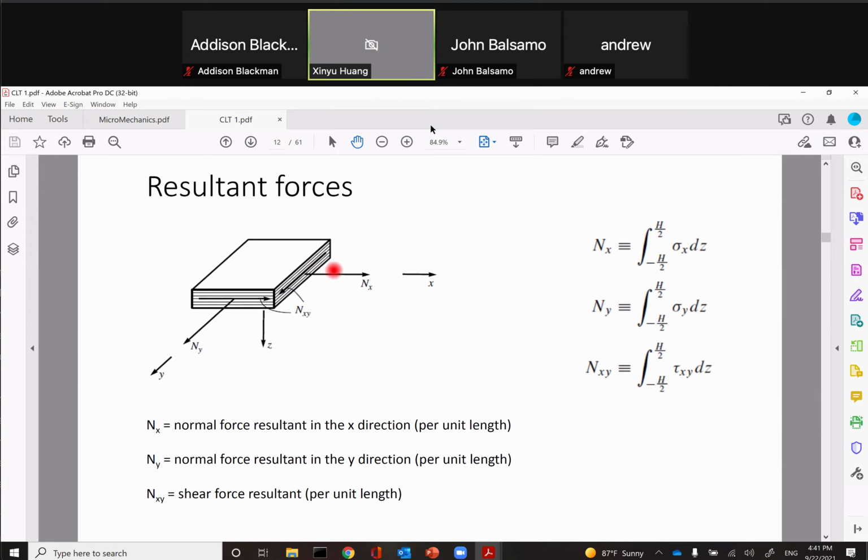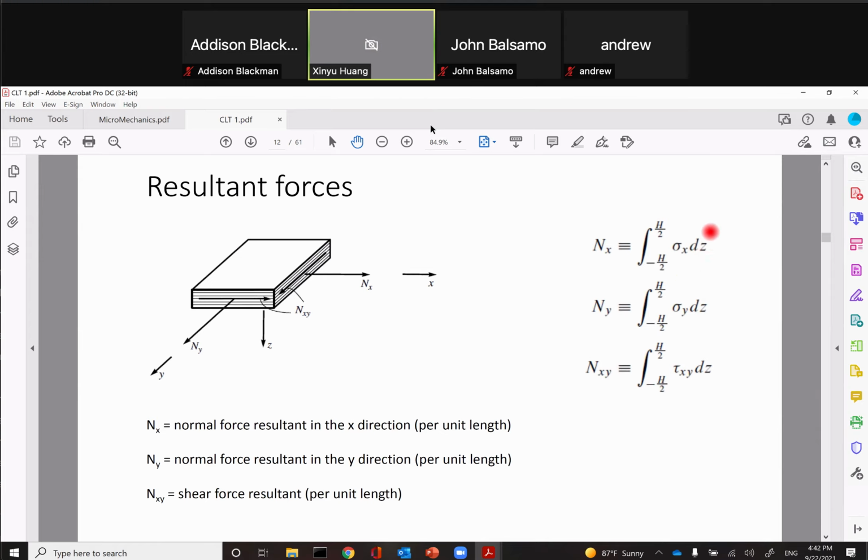Every layer would have a stress sigma x. It could be different. We know the stress has a jump situation. Stress varies. And then you sum all the x-direction stress up, every layer, multiplied by dz. dz is how deep each layer is. And since they have the same in-plane dimension, this is actually a measure of the area.